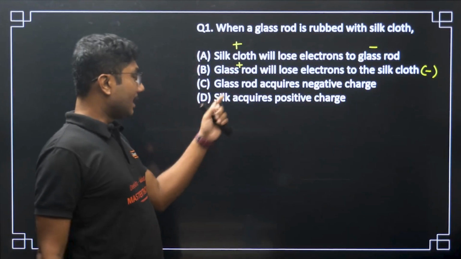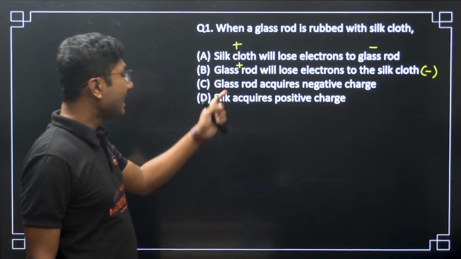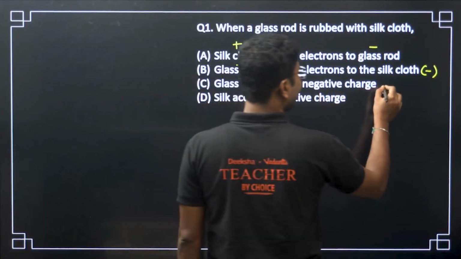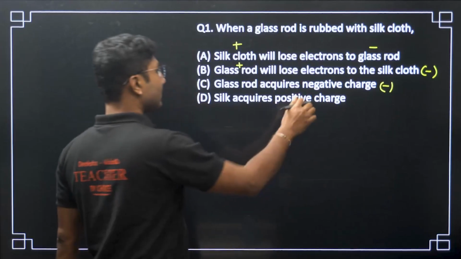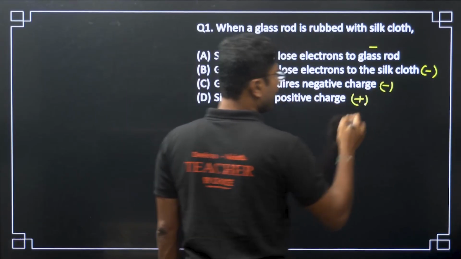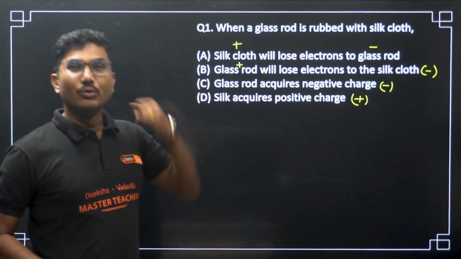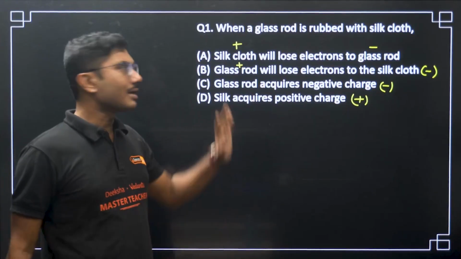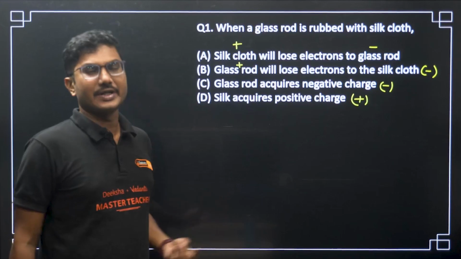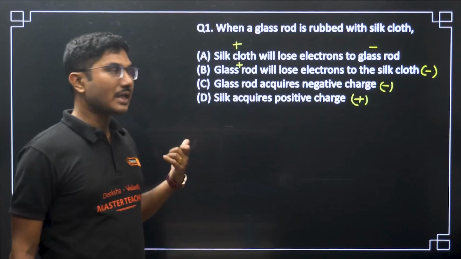Now look at option C. Glass rod acquires negative charge, so glass rod is becoming negative, and in this case silk cloth is becoming positive. Now let's see which is unique. If you don't know the answer, just analyze the options, which is very essential to answer this type of question.